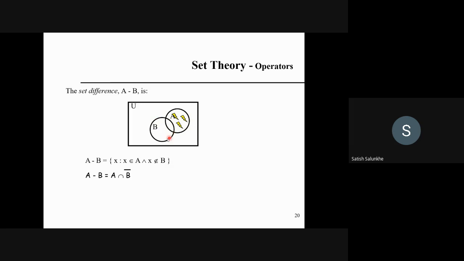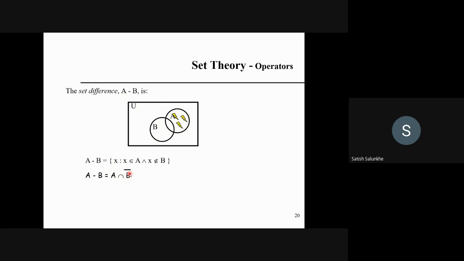B complement is everything in the universal set that is not in B, and then we take the intersection with set A, and that will become A minus B. This is an alternate way to find the set difference. A minus B is equivalent to A intersection B complement, where B complement is the absolute complement with respect to the universal set.